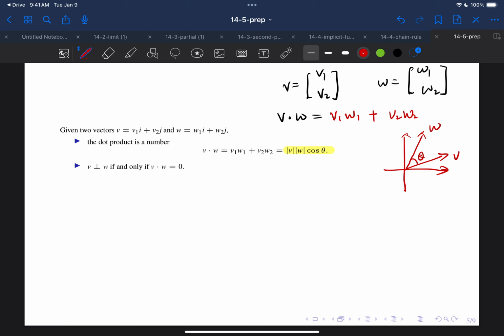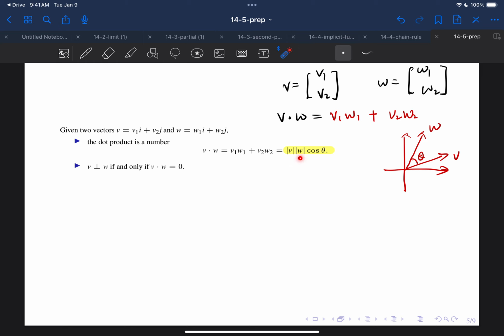Alright, now the cosine formula is very important, and it tells you information about perpendicularity. What is perpendicular? V is perpendicular to w if the angle is 90 degrees. That's the definition.